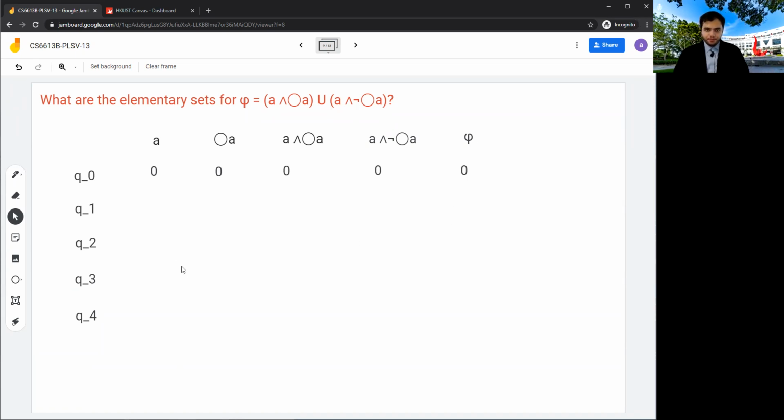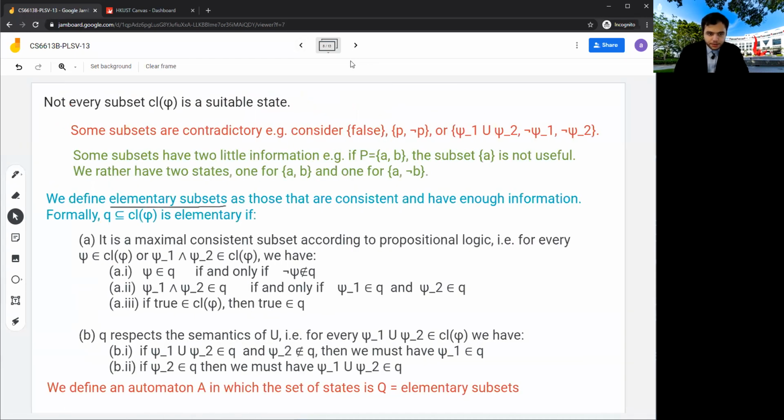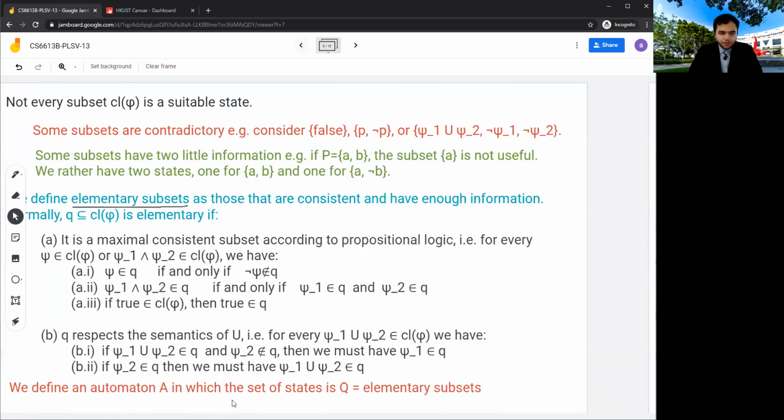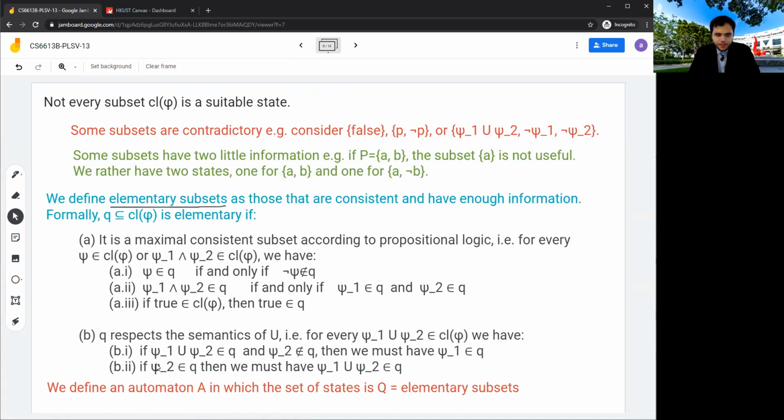So my first elementary set consists of the negations of all these formulas here. Okay. Now, okay, sorry, no, I made a mistake at this point. Really sorry. So let's do this again. So we decided that we don't want A and we don't want next A, and we got this by the rules. So what is the rule for until? The rule for until is that if we have psi1 until psi2, and we don't have psi2, then we must have psi1.